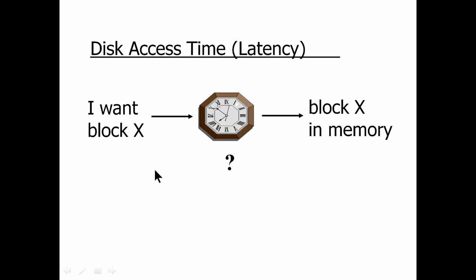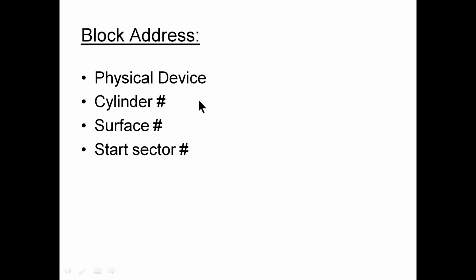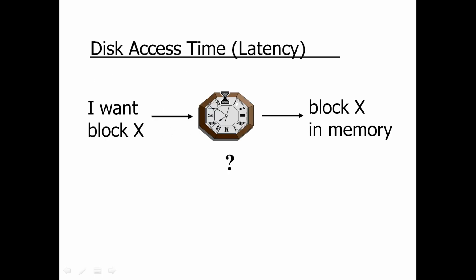The most important thing, just to take you back to the previous point, is that it is characterized by all these physical attributes: cylinder, surface, start sector and the physical device. Disk access time is a very important concept because disk prices vary based on access time.